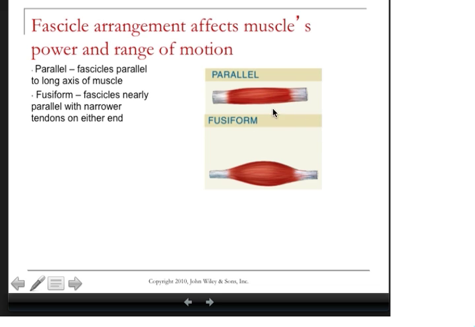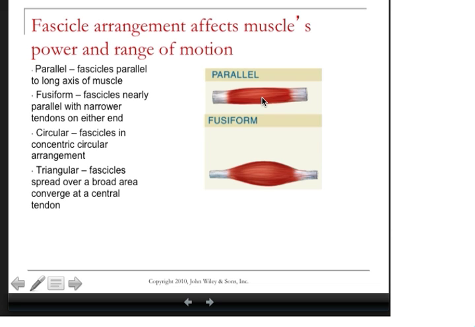What would be an example of parallel fascicles? Probably the transversus abdominis, that muscle that is deep in the midline of the abdominopelvic cavity and is responsible for compressing the abdominopelvic contents in part. You can also have a circular arrangement where the fascicles are concentric, and examples of this would be the orbicularis oris and the orbicularis oculi, the circular muscles that surround the mouth and the eye, respectively.